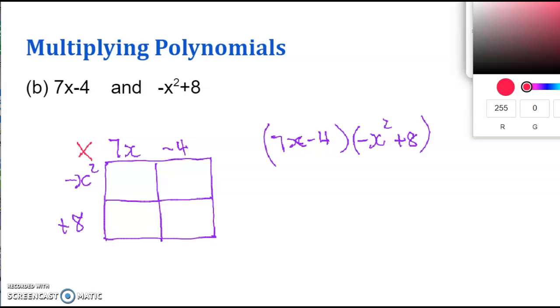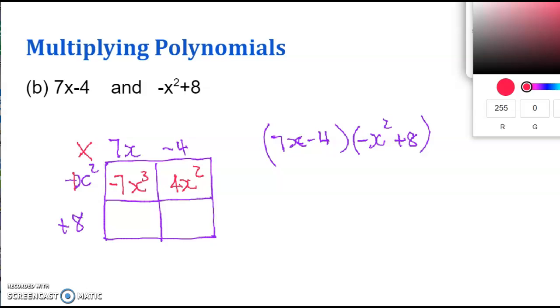The length is 7x, the width is negative x squared, and the negative x squared is the same as negative 1x squared. So 7 times negative 1 is negative 7, and x times x squared is x to the power of 3. What about negative 4 times negative x squared? Negative 1 times negative 4 is positive 4, and then x squared.